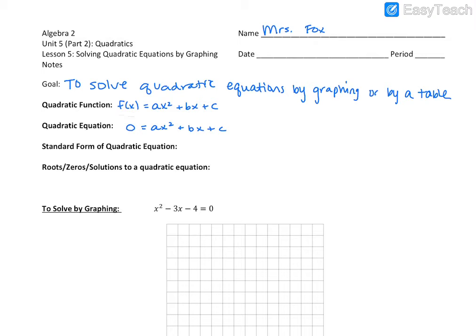The standard form of a quadratic equation is actually this. So we should write that there, and then we'll define what a quadratic equation is in that spot. So let me erase this.